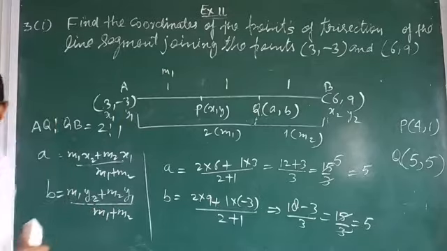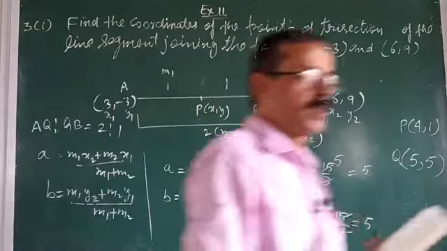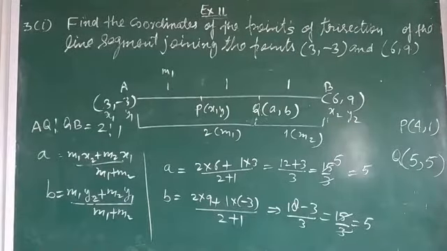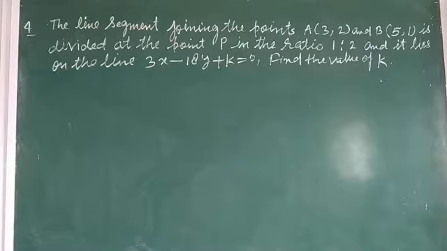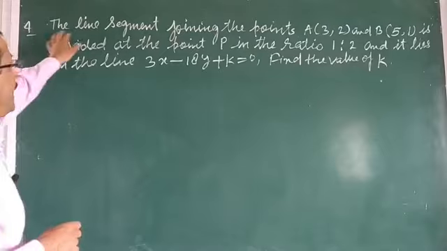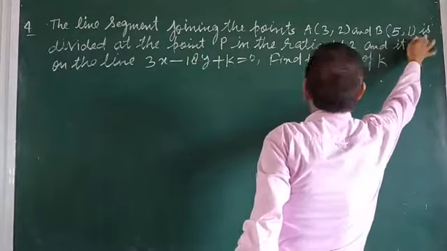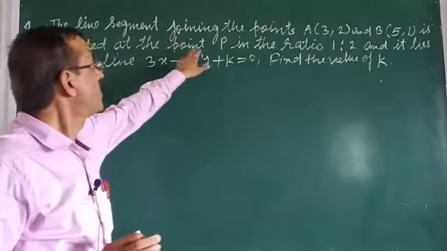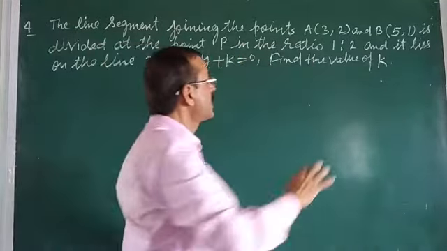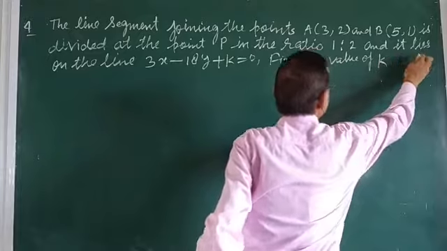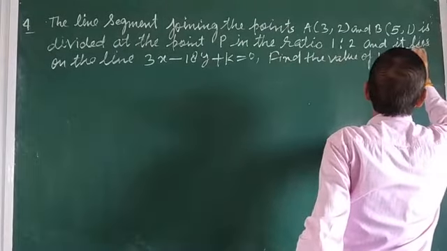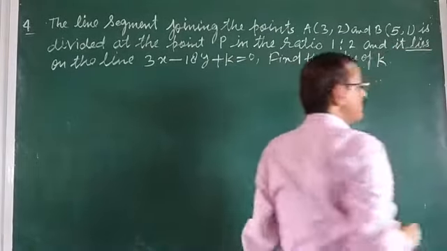Now students, take one more question for today. Question number 4 of this exercise 11. The line segment joining the points A(3, 2) and B(5, 1) is divided at the point P in the ratio 1:2 and it lies. This word is very important, and it lies.